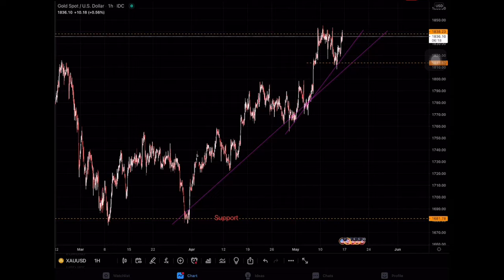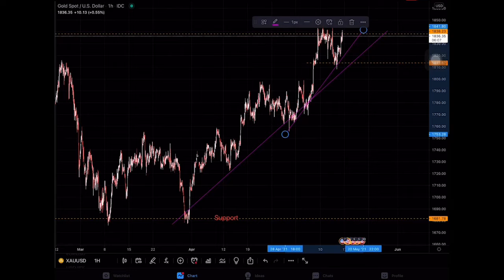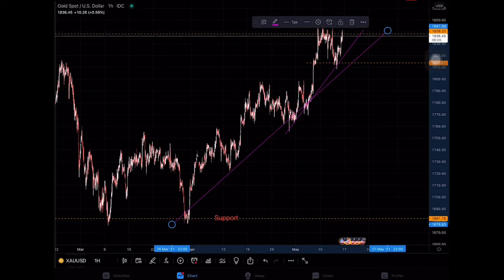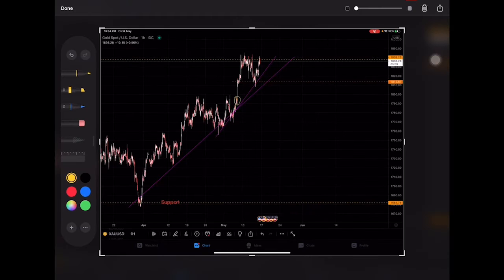But guys, wait a minute. In order for a trend to change, it needs to break two things. First, it needs to break this trend line, and also this support.